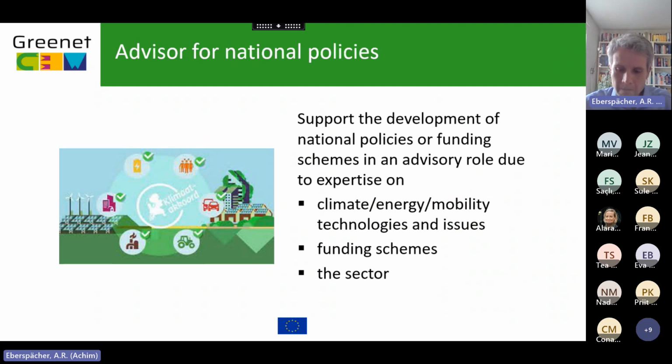Second kind of additional task, which is the case for not all national contact points, but for a lot of them, is being an advisor for national policies. So national contact points in this case support the development of national policies or also funding schemes, normally not writing, but being consulted.